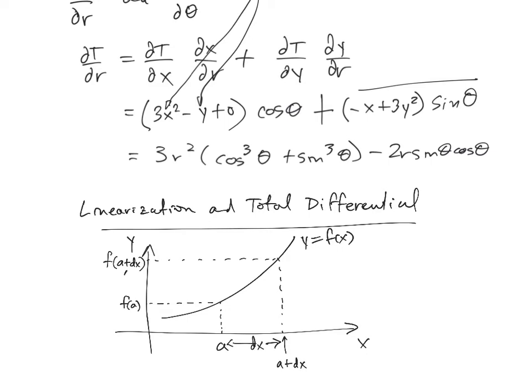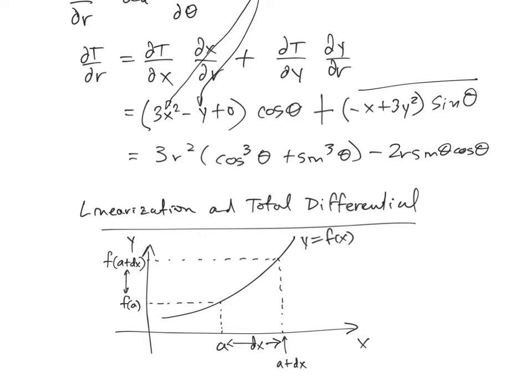And the difference between these two numbers is how much my function changes, obviously, right? Okay, well, often we're more interested in how much the function is changing right at this point versus at this point, or some other point along here, right? And that's when we make dx really, really small.